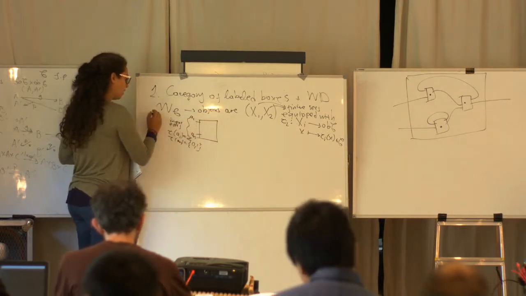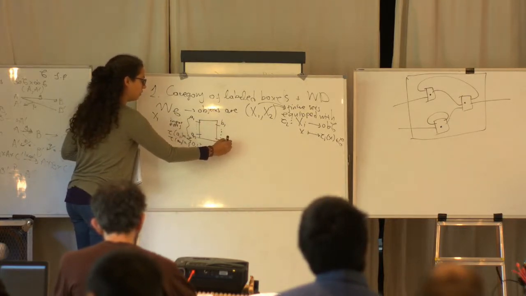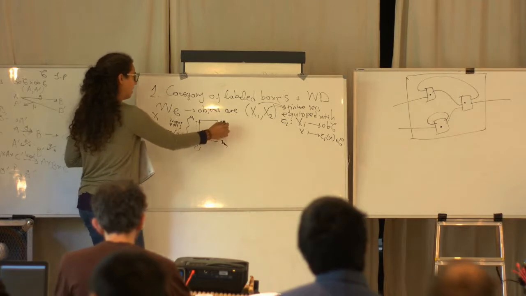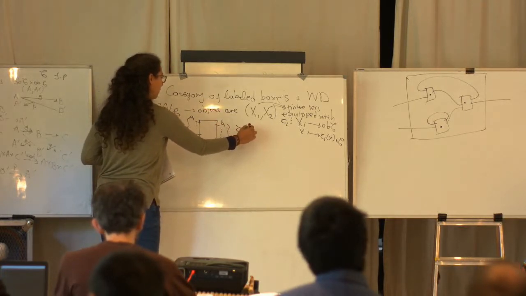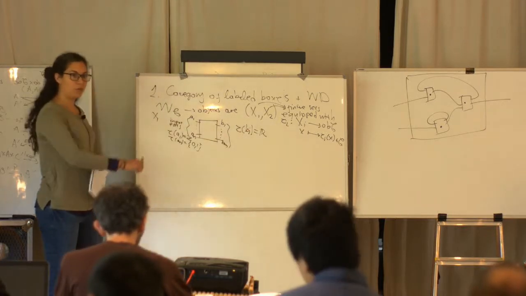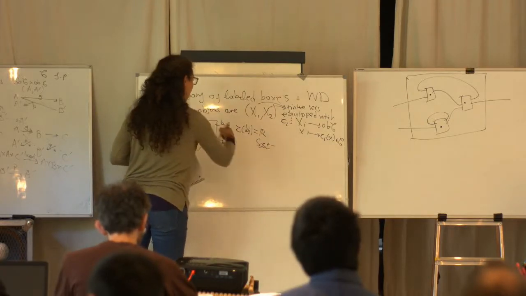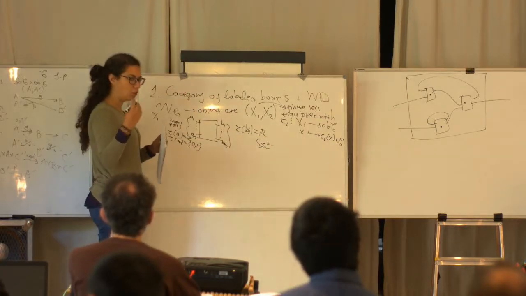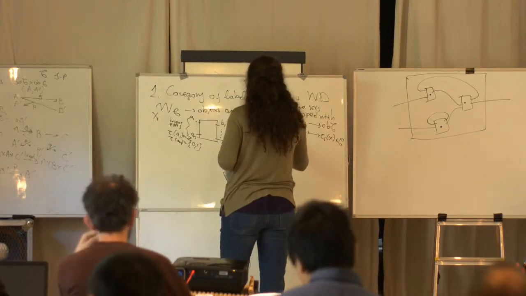Now I have the output, so this is X1, and I have the output ports, the same exact story, doesn't matter how many they are, and then also they come together with some types. So tau of b1 can be, doesn't matter, reals. And what I've drawn here is exactly a set labeled box, because every port is coming together with its type, which is a set in this specific example. Set labeled box.